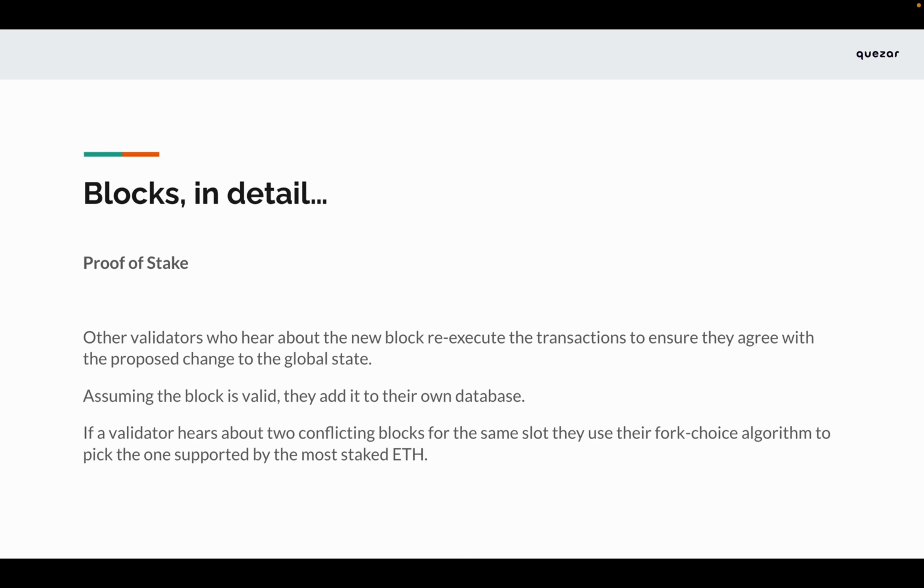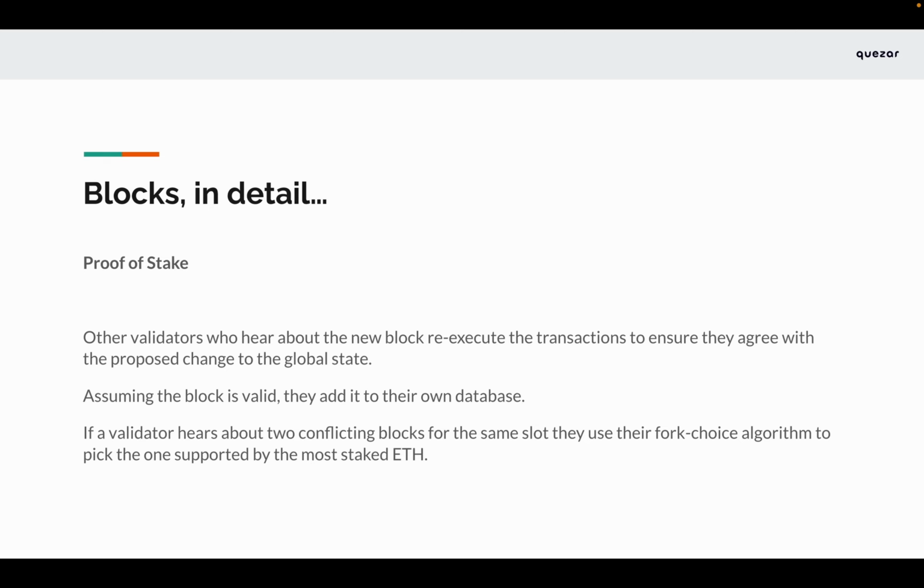When other validators have verified and validated the transactions themselves, all of these validators arrive at a consensus on the new global state. If by any chance a validator hears about two conflicting blocks for the same slot, they use their fork choice algorithm to pick the one supported by the most staked ETH.